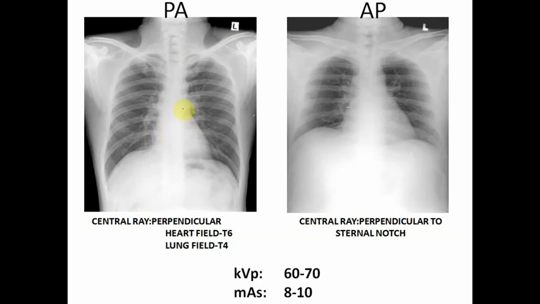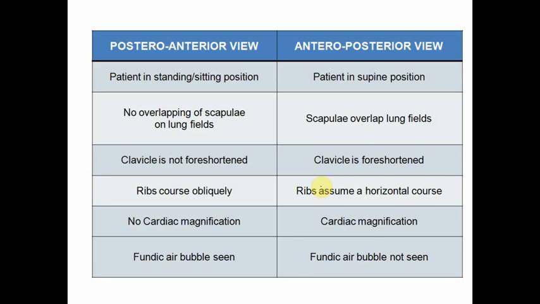So here you can see heart size. This is the actual heart size of the patient, but here it is magnified. It is not that the patient has any problem; it's a problem with the AP view taken. So kindly neglect all the points that are written.